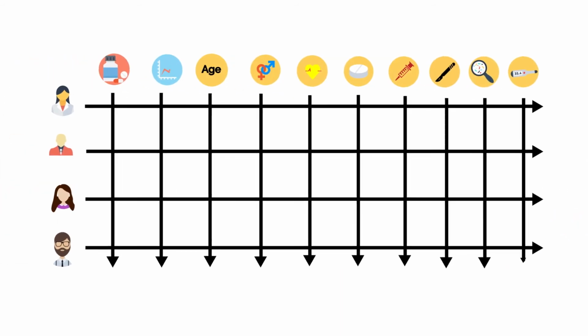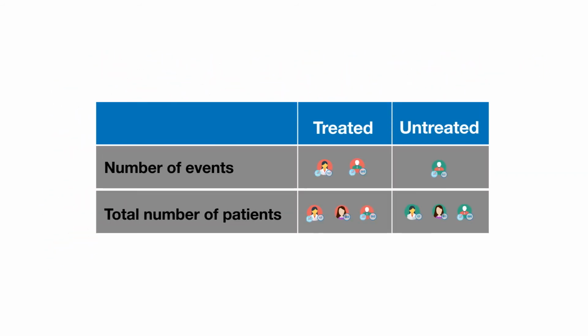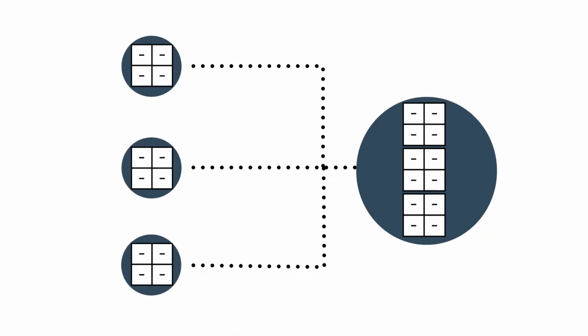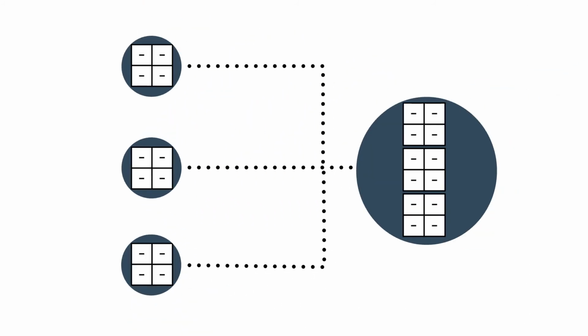Instead of requesting a patient-level data set from partners, researchers can request a data set that only includes the number of treated and untreated patients, or their total follow-up time in the study, and the number of outcome events in the treated and untreated groups.